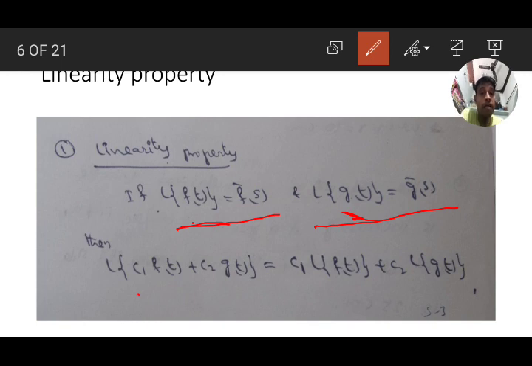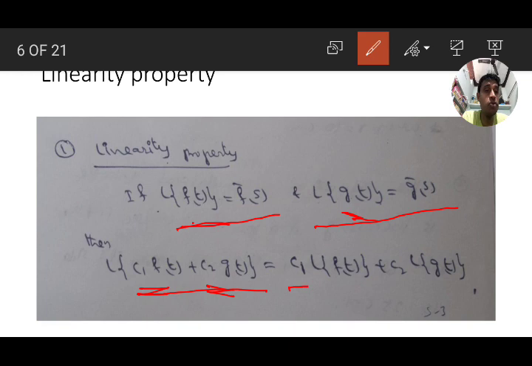Then the Laplace transform of c1 into f of t plus c2 into g of t. Here c1 is the coefficient of the first function and c2 is the coefficient of the second function.